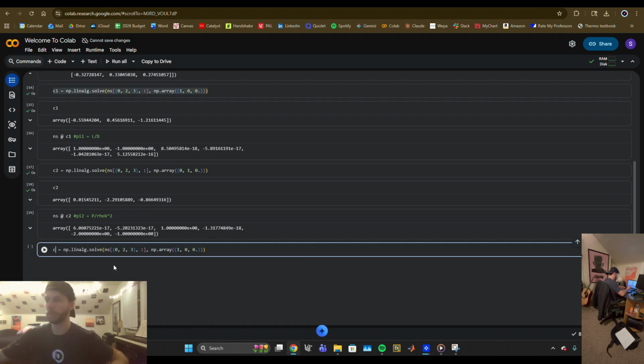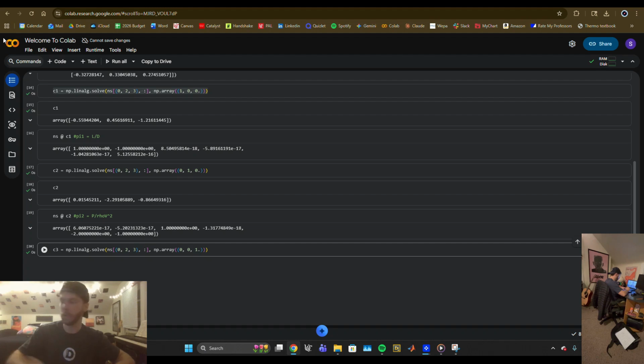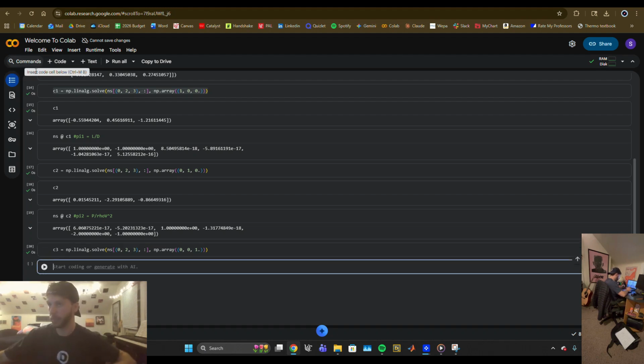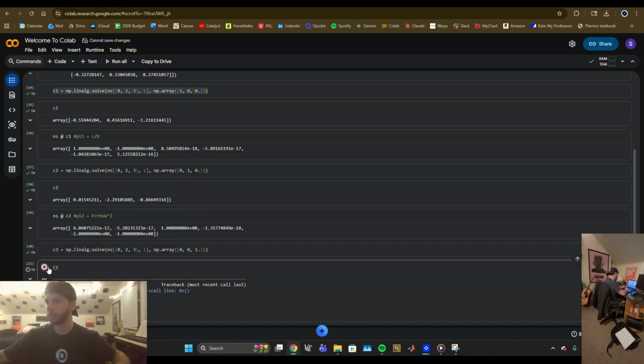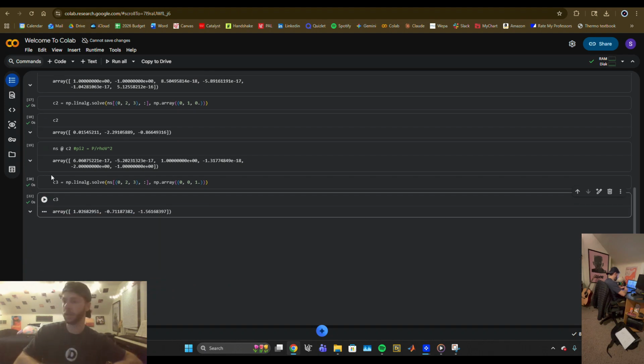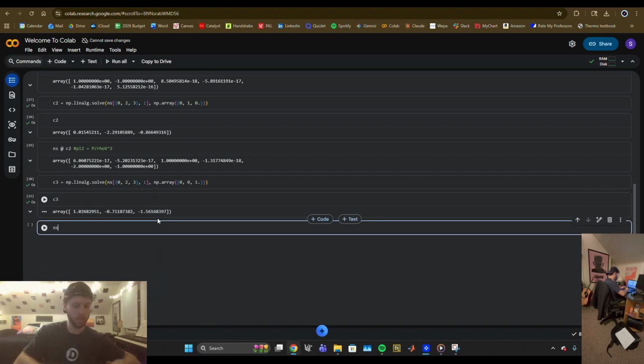Okay, so our third one, say C3 here, and 0 for our length, 0 for our change of pressure, 1 for our viscosity. We'll run that and find our C3 value, and then take the dot product and see what we get out of this.